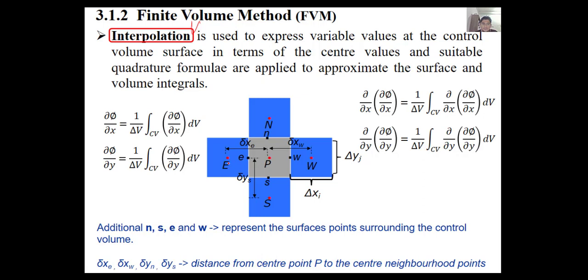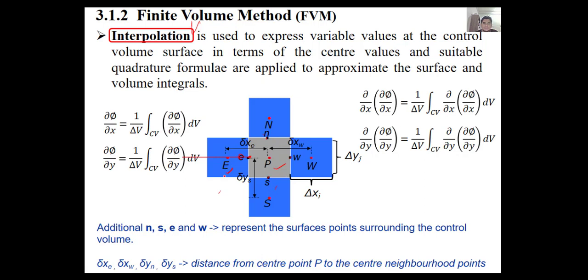For example, between point E, east of point P, we have an intermediary point here. From P to the north, there is 1 point. So overall, they have 4 points, and we name them with lowercase letters: east, north, west, and south.